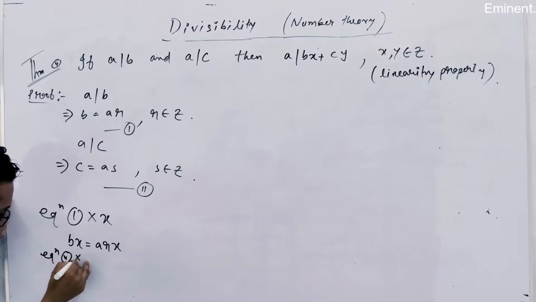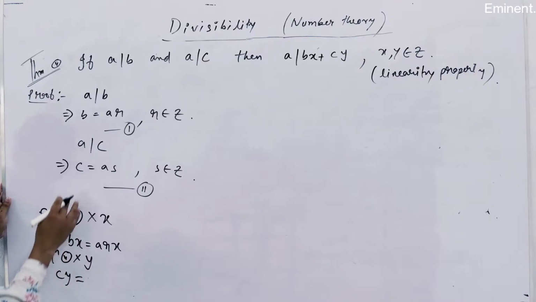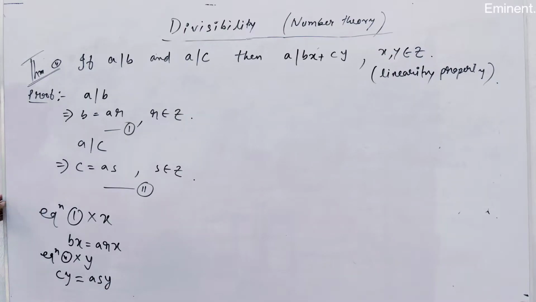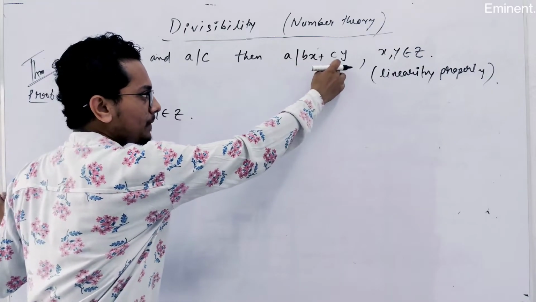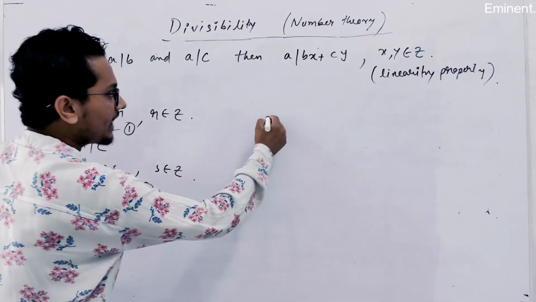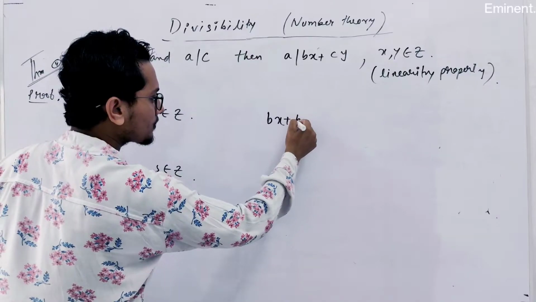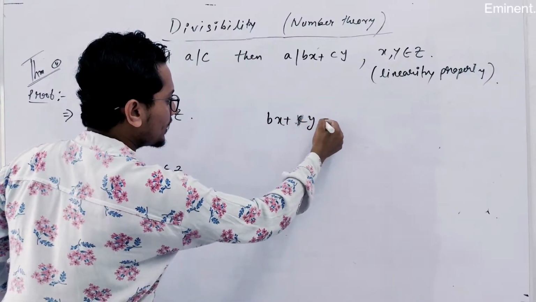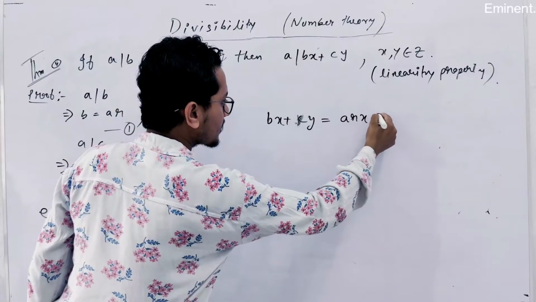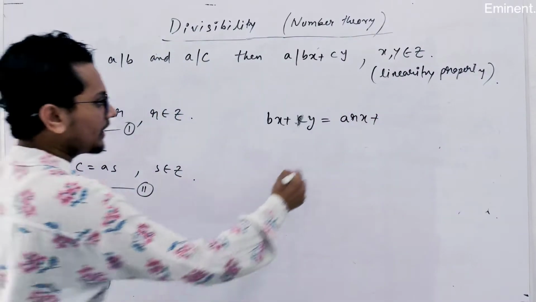Equation 2 multiplied with y, you can write Cy equals ASy. Okay, since here we have Bx plus Cy, we got Bx and Cy, let us add both parts. Bx plus Cy, Bx was ARx, plus Cy was ASy.